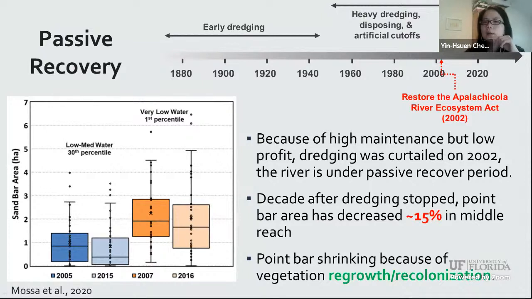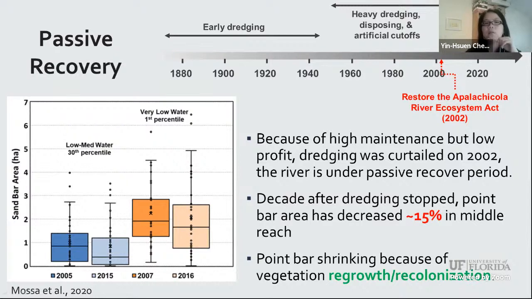So there's a study that compared two pairs of aerial photos at the first and the 30th percentiles after decades of dredging. And the box charts actually show how the area of sandbars changed decades before, earlier, the ending of the navigation and later decades after the dredging ending.